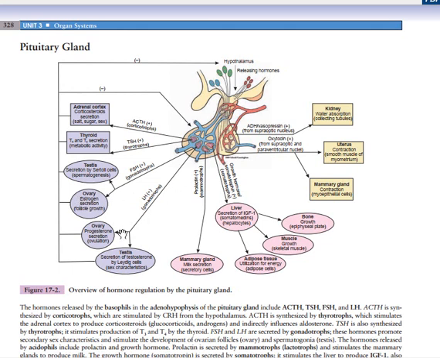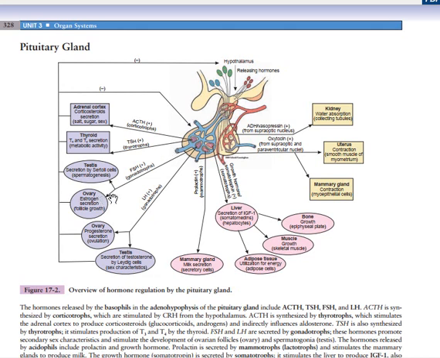Then you also have the luteinizing hormone, which stimulates ovulation inside the females, and is also going to stimulate testosterone production inside the males.